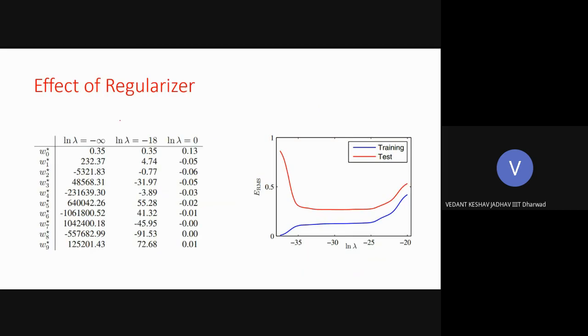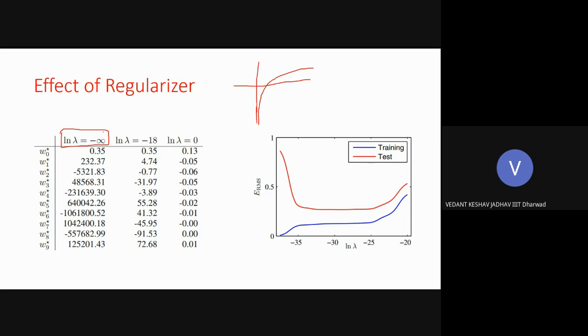And here is the intuition. If you take log of lambda equals minus infinity, the effective value of lambda will be 0, because it is a log of lambda. You know the log curve is something like this. So for lambda equals 0, log lambda will be minus infinity.